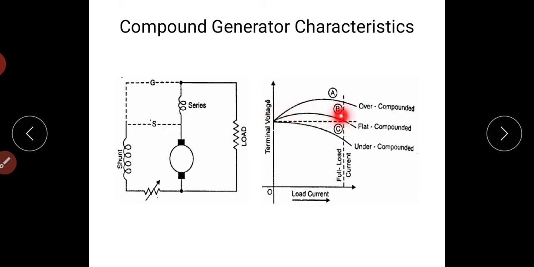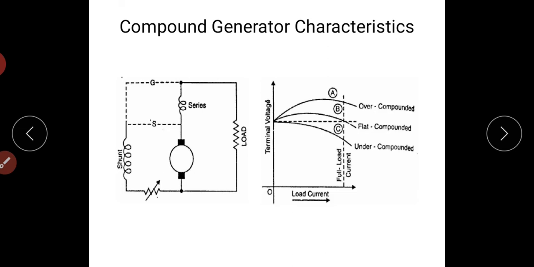This is the full load terminal voltage value, the rated value. If the generator terminal voltage at full load condition is greater than this rated voltage value, the generator is called an over compounded compound generator.